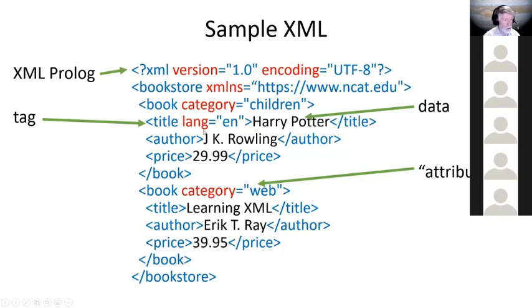In addition to the tags and the data, there are attributes. Attributes are information you can add to a tag, just like you would in HTML. In this case, the book tag has the category attribute. And you can see here, the first book is the category children's, the next book has the category web.